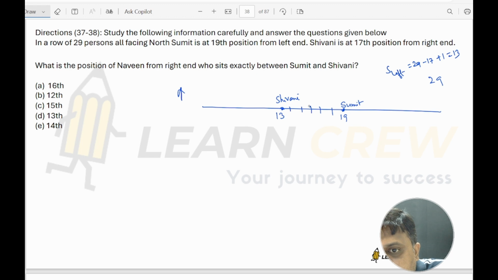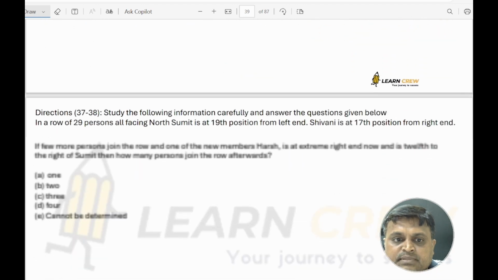Sumit and Shivani means this is the position, which is the 16th position. Naveen is 16th from left. From right it would be 29 minus 16 plus 1. 29 minus 16 is 13, plus 1, 14. So the answer is 14. Next one.